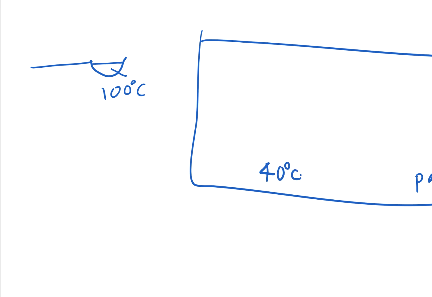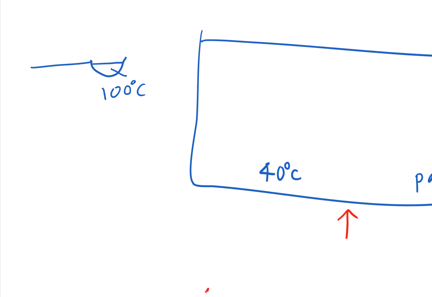Now, which one has a larger thermal energy? Is it the one spoonful of water at 100 degrees Celsius? Or is it the whole swimming pool of water at 40 degrees Celsius? The answer is the swimming pool has higher thermal energy. Remember, we said thermal energy is the sum, that means the total kinetic energy added together.